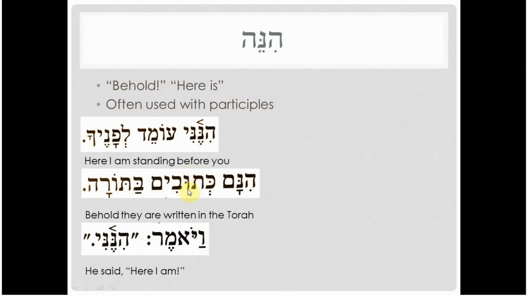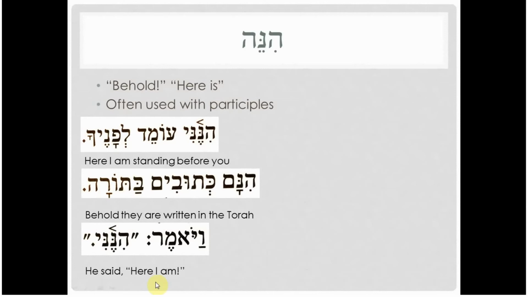Ketuvim, of course, is the passive participle. Notice that the vav is here between the tav and the beit, the second and third radicals. And then batorah, which is of course the preposition plus the definite article, and then the word Torah, which is of course the word Torah or law or instruction. So, behold, they are written in the Torah.